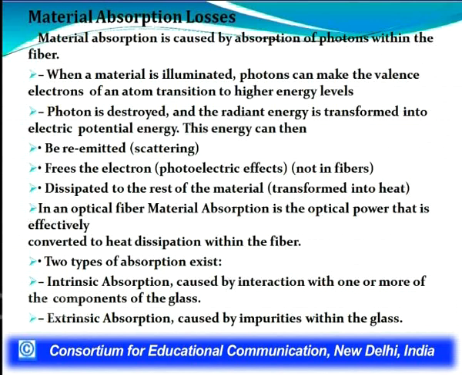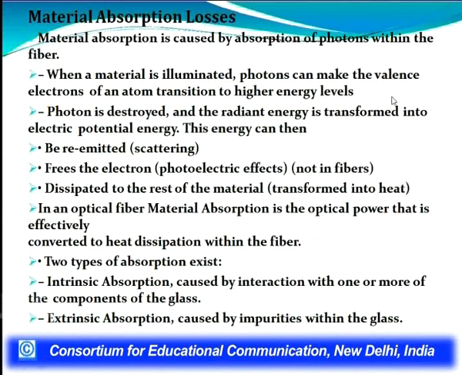Material absorption loss is caused by the absorption of the photons within the fiber because of the material. When a material is illuminated, photons can make the valence electrons of an atom transition to higher energy levels.